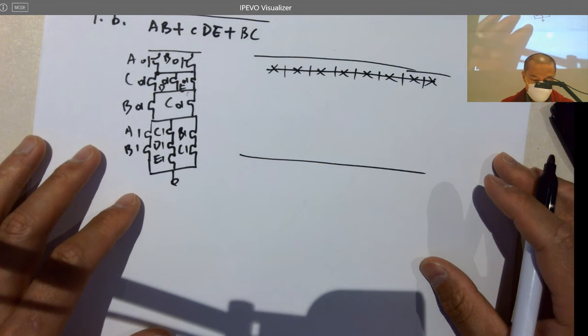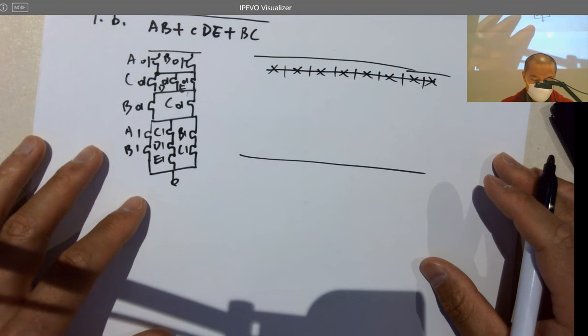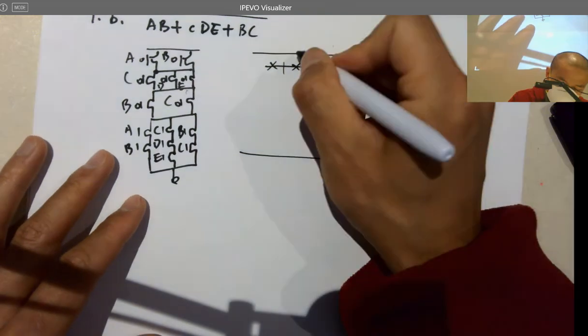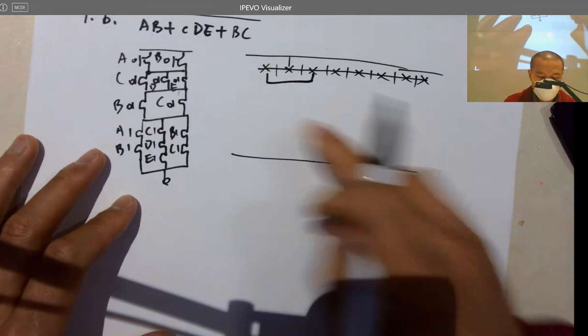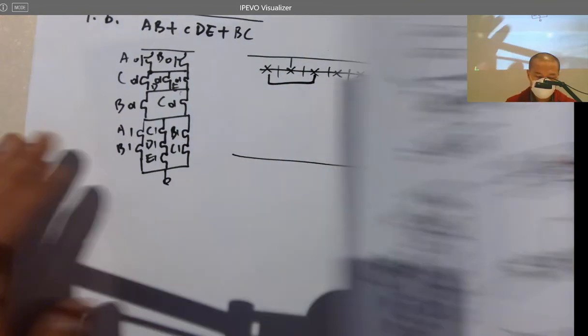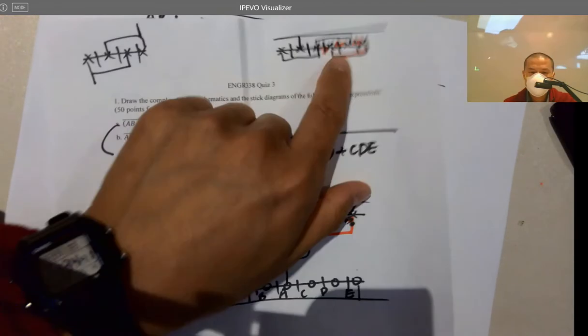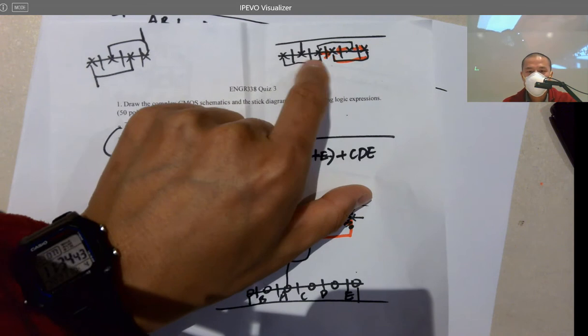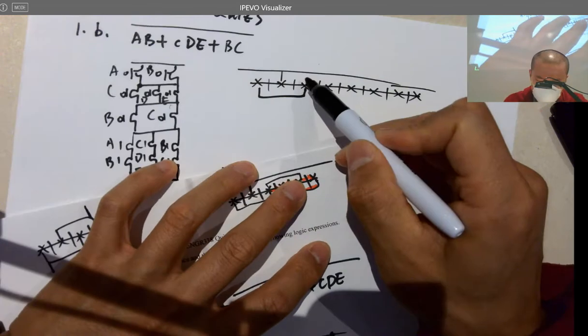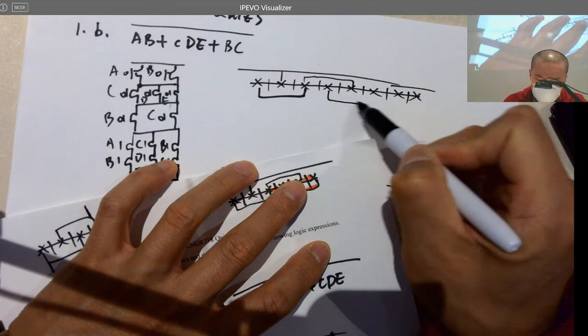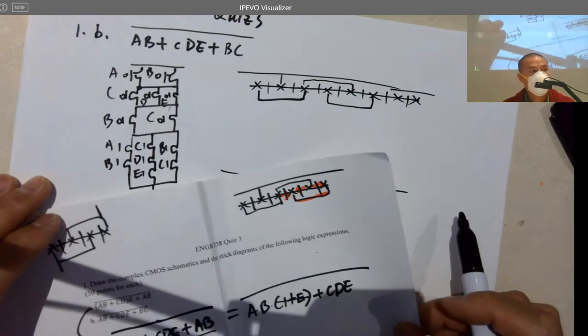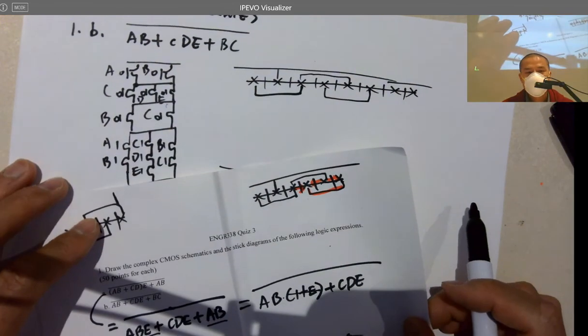So 2 in parallel first, and then 3 in parallel, and then 2 in parallel. I think we can do it. So 2 in parallel and then 3 in parallel is very similar to the first one. Right? So we'll just do this. Is that correct?